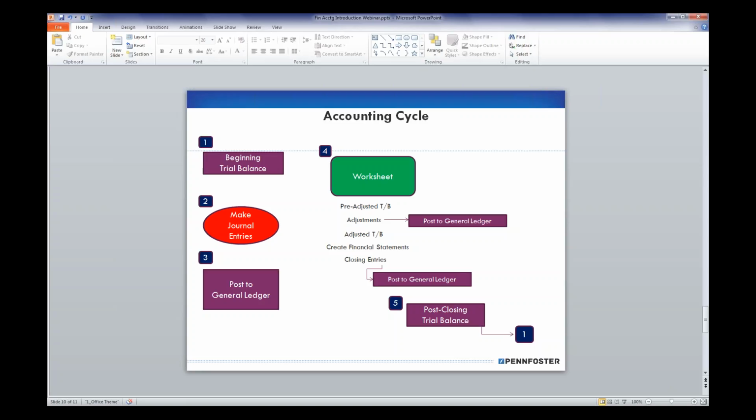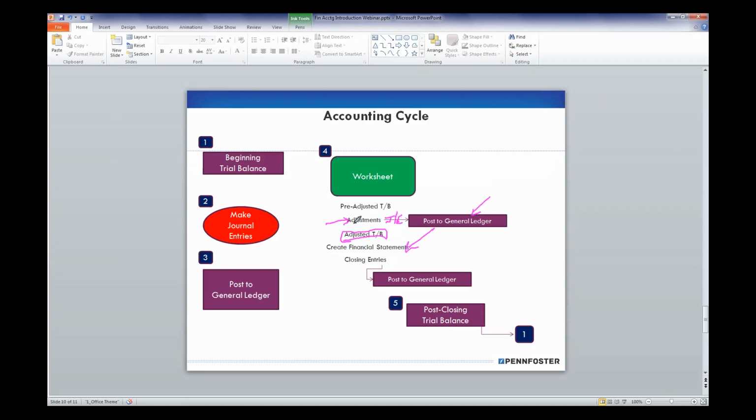Once we do that, we have an adjusted trial balance. The adjusted trial balance figures are the ones we say are going to be absolutely correct. They're the numbers we want in order to create our financial statements, so that when we're looking at our balance sheet and our income statement, we know that information is accurate.